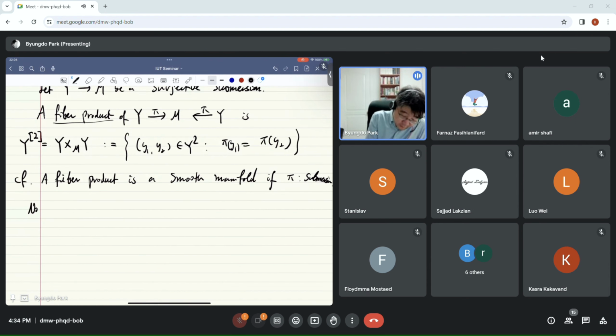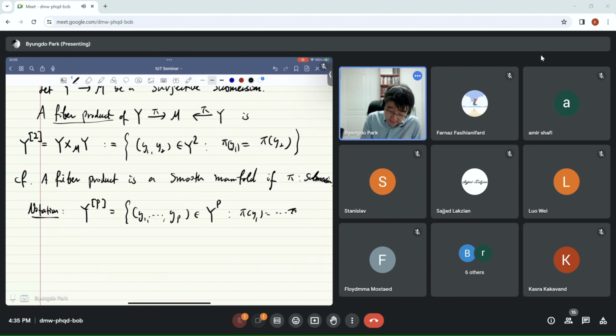Then some notation. This Y to the bracket p would just mean the p-fold fiber product, like (y1, ..., yp) that lives in Y to the p, such that pi(y1) equals pi(yp). Then I'm also going to use this notation pi of i1 through ik. What does this mean?